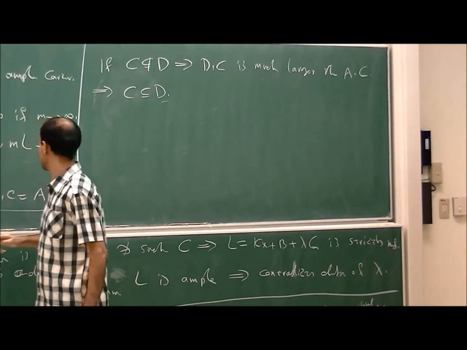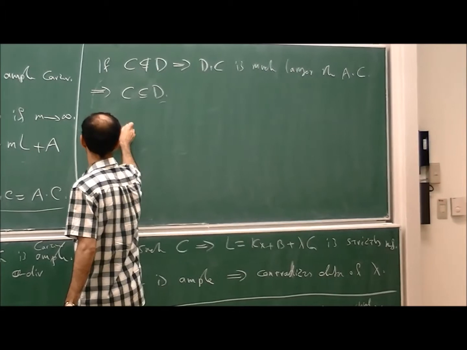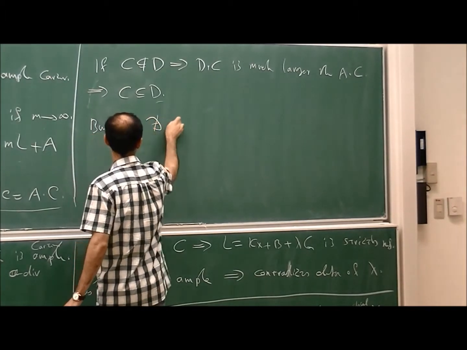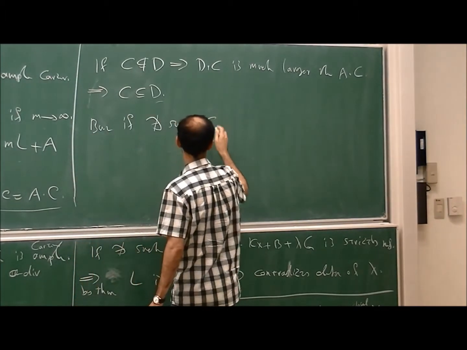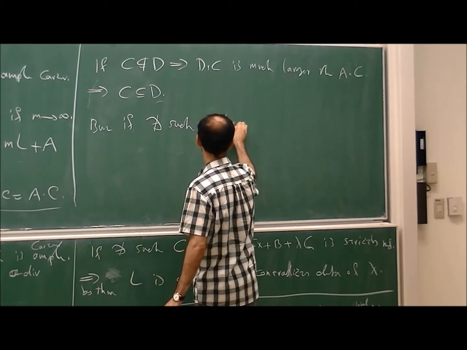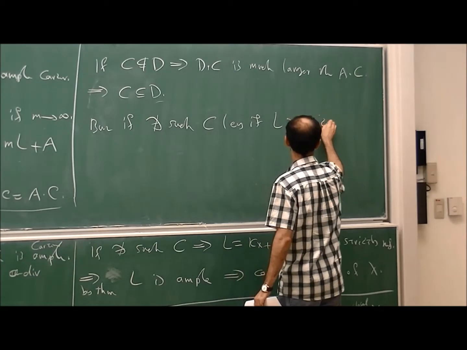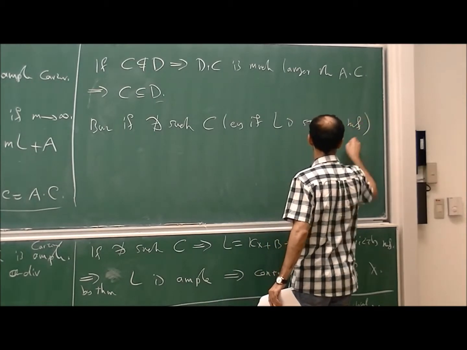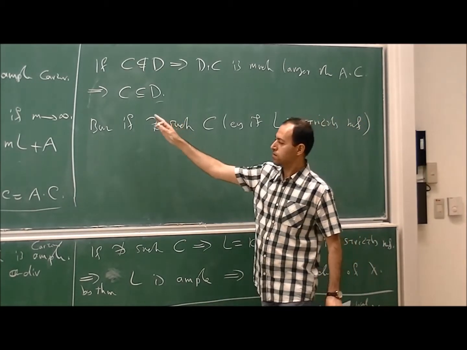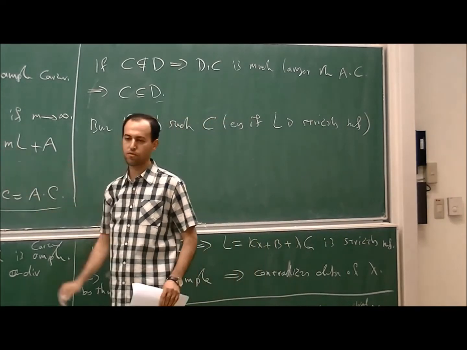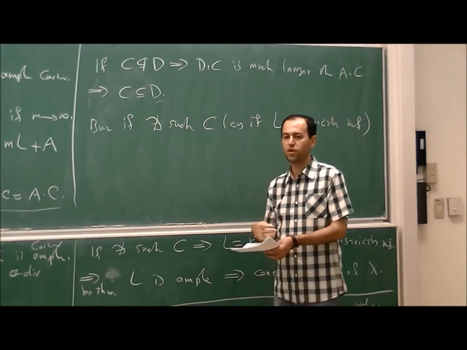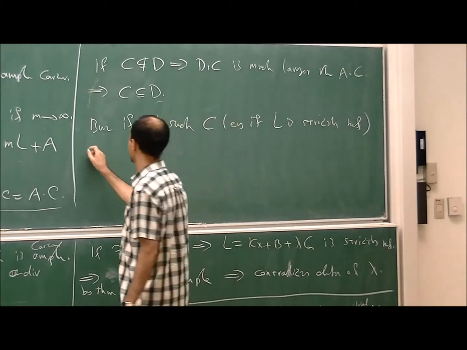However, if there is no such curve C, so for instance, if L is strictly nef, then in fact you can create divisors with very large multiplicity. You can also avoid whatever subvariety you have.